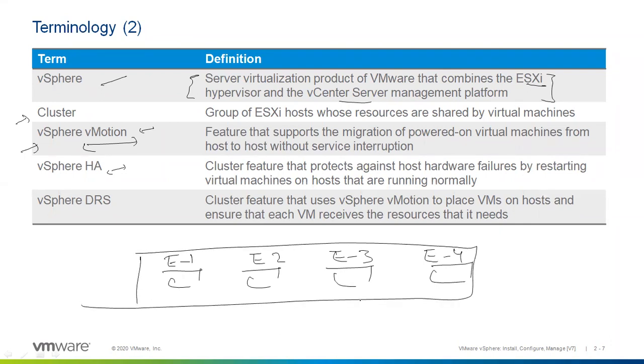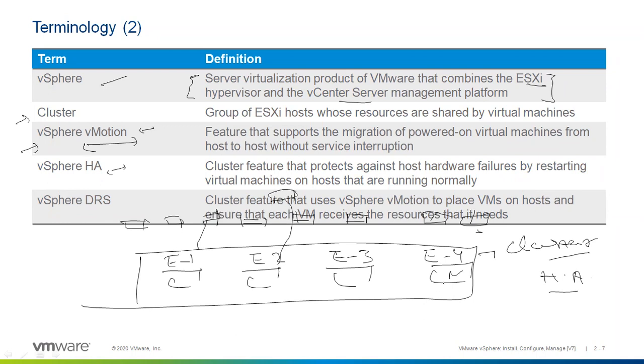These are logically collected as a cluster, and on top of this cluster there could be a number of VMs running. So when we say the high availability feature, it means that if any of the hosts goes down for any reason, the available virtual machines will move to another host.